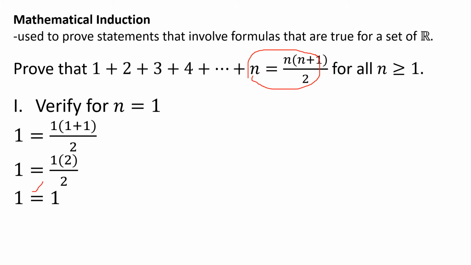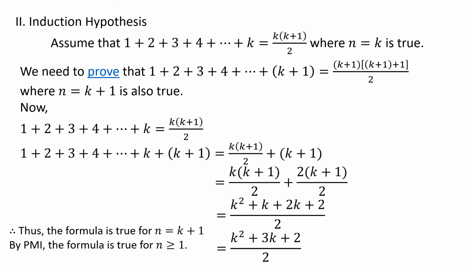Okay, now let's proceed to our second step, which is the induction hypothesis. Assume that 1 plus 2 plus 3 plus 4 until a certain natural number k is equal to k times the quantity k plus 1 over 2, where n equals k is true. What we did here is we just substituted k for our variable n. All the n, we change into k.